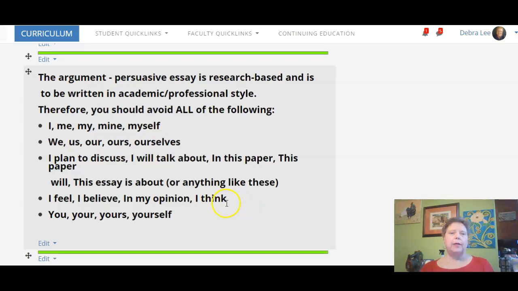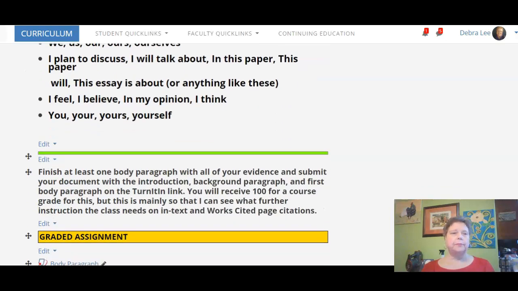Also, we want to leave out anything that has I feel, I believe, in my opinion, or I think, because what happens then is we are weakening our persuasive language. It belittles what you're trying to say. And then you, yours, and yourself, don't get into that. Don't start talking directly to your reader. Keep it in third person.